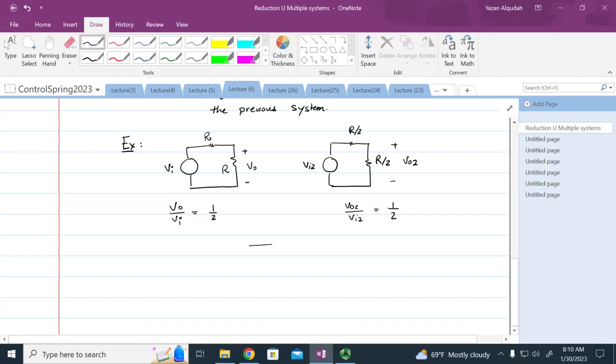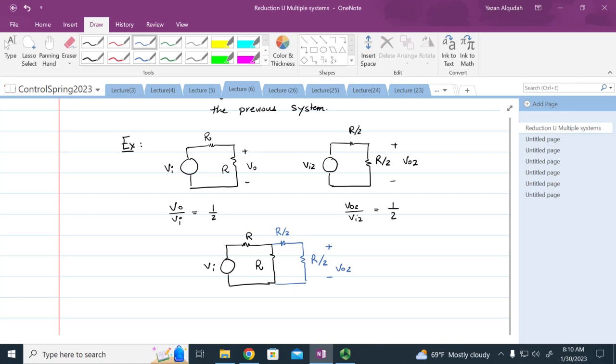They're going to take the first circuit, V input, R, R, and then take the second circuit, and they decided, okay, well, we learned in control systems we can do block diagram reduction, and therefore this gain is 1/2, this gain is 1/2.